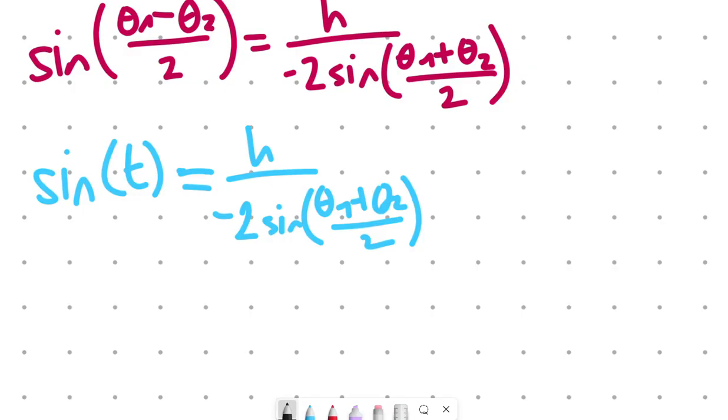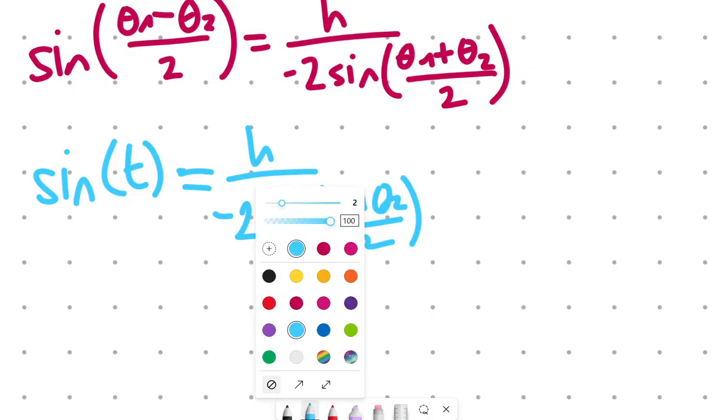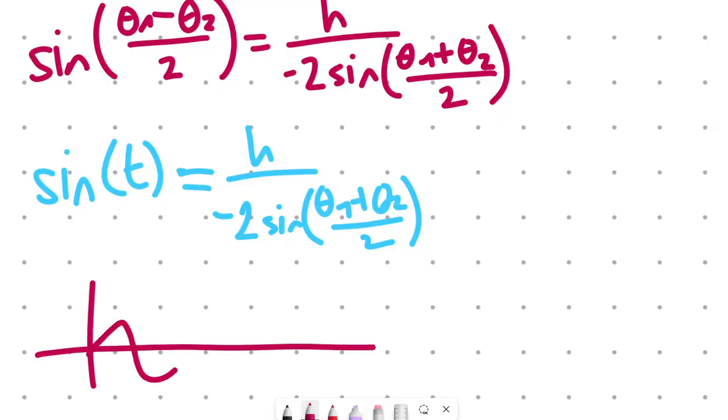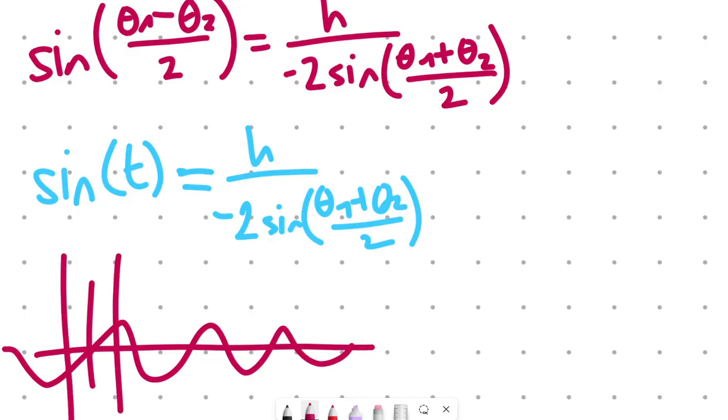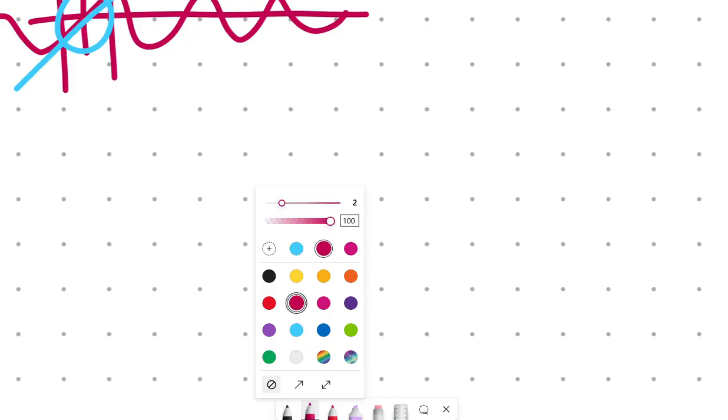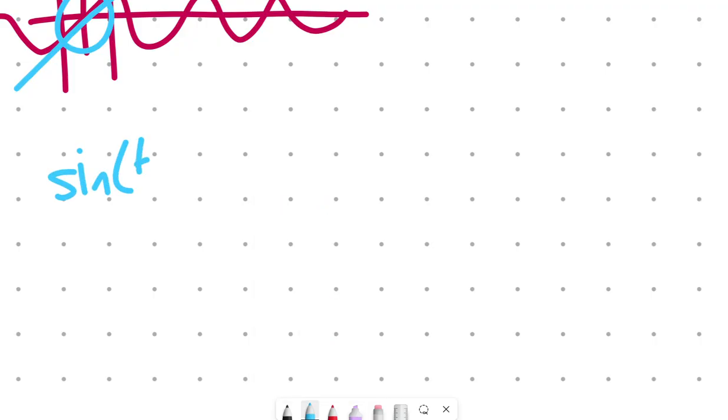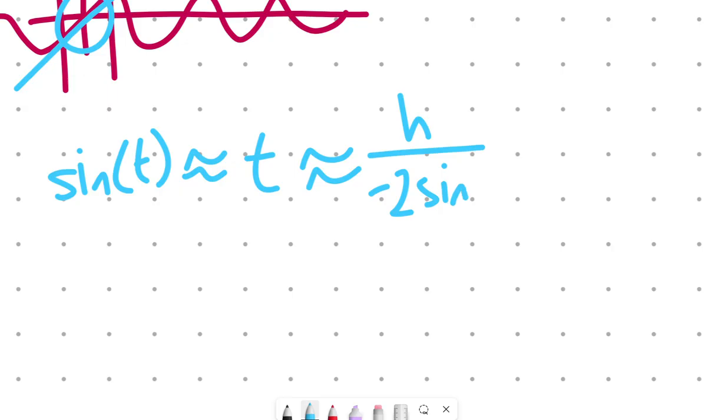But we have some mathematical information we can use about the function sine of t. The sine of t function, for small values of t, in this interval, is very similar to the function y equals t. So it is approximately equal, which means we can state that sine of t is approximately t, and that it's also approximately h over minus 2 sine of (theta 1 plus theta 2) over 2.